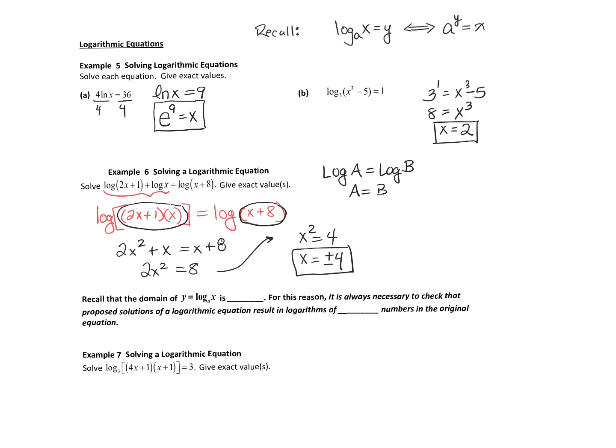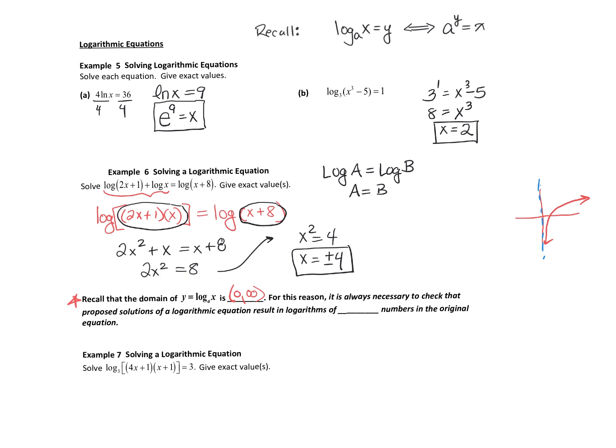Now, this is a good opportunity to refresh your memory on the domain of a logarithm. The domain of the expression y equals log base a of x is only 0 to infinity. You may recall that the graph of a basic logarithmic function has this vertical asymptote, and of course we can shift that around.